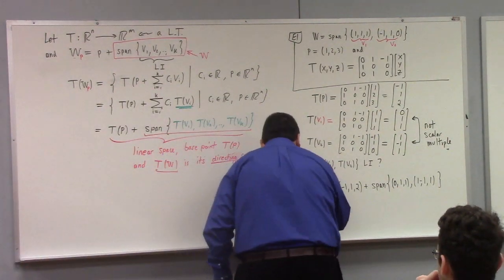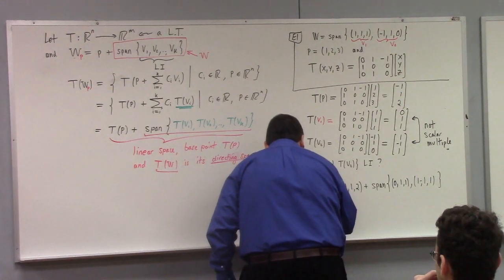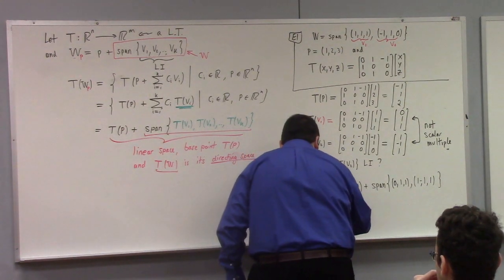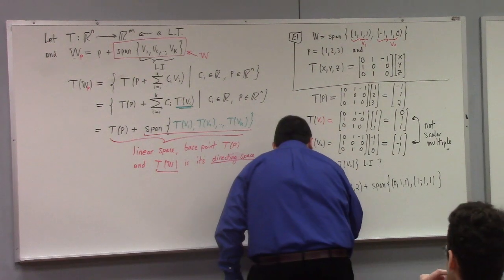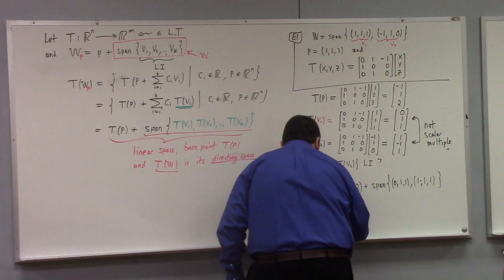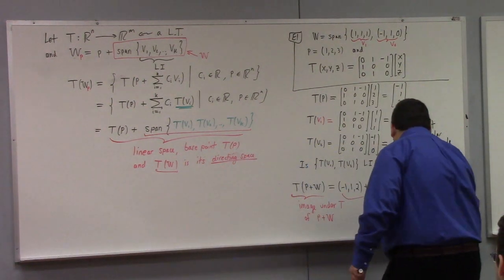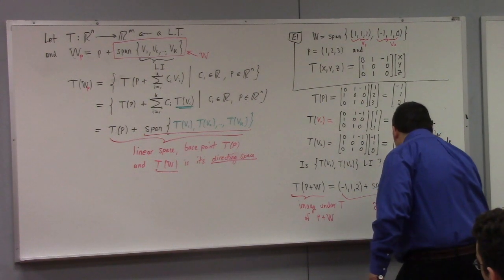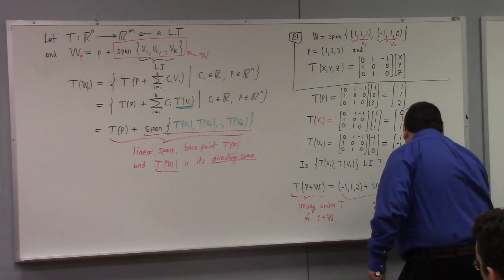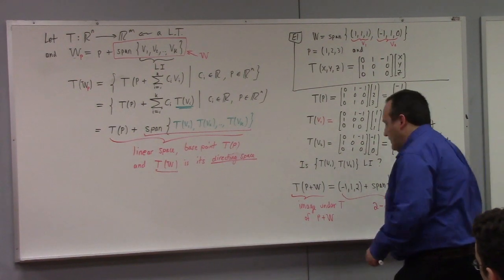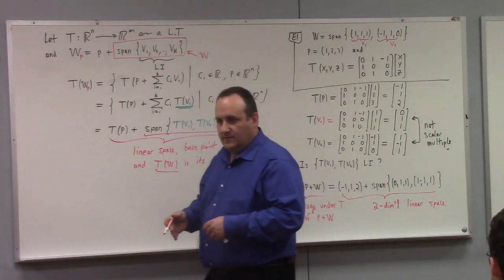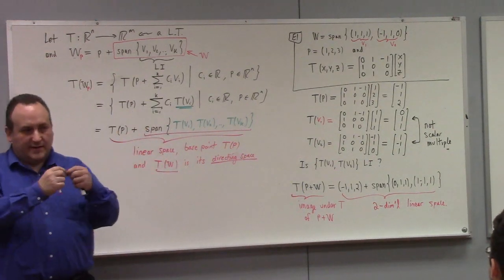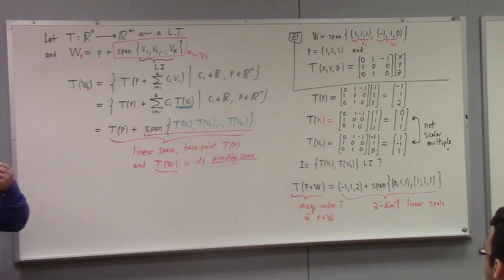So this is the image under T of P plus W, and this right here is, again, a two-dimensional linear space. Notice that the base point doesn't count. The counting of dimension just depends on the number of linearly independent vectors in your directing space. Okay?